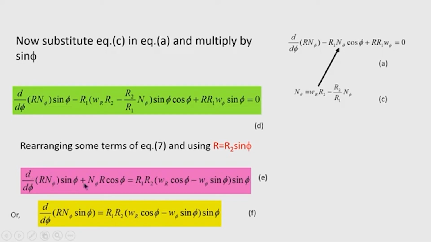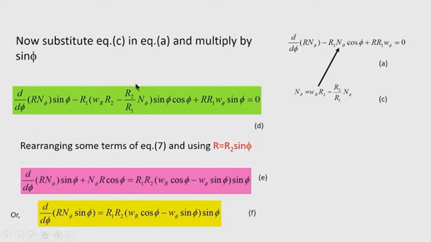So, again these two terms can be written in this form: d by d phi of (r n phi sin phi) equal to r1 r2 into (w r cos phi minus w phi sin phi) into sin phi. So, we have grouped these two terms together, and you can see here the r is nothing but r2 sin phi.